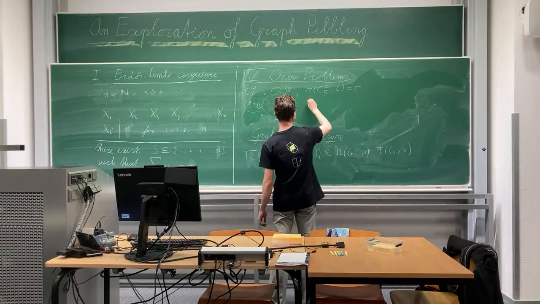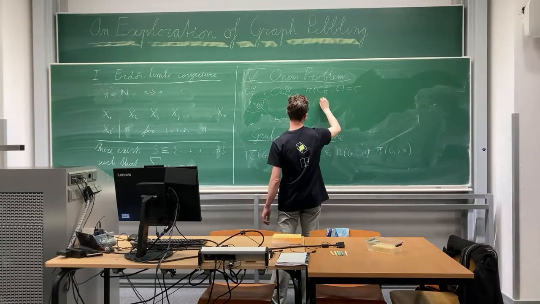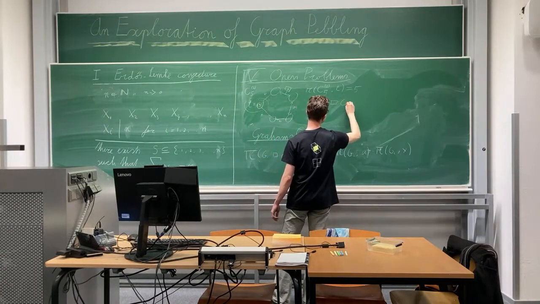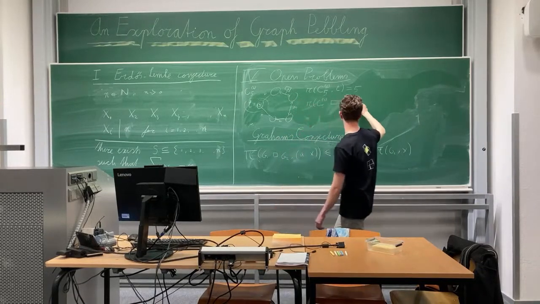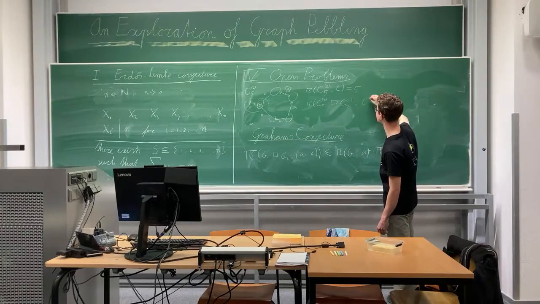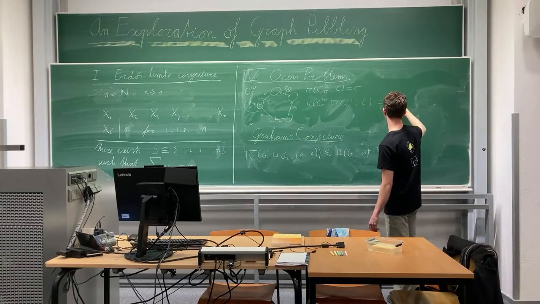So maybe then, if we take 2 of those, and we take some arbitrary target vertex in there, because of course they're all the same, then maybe this is 25.